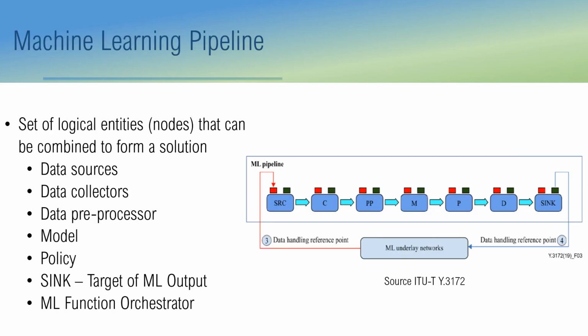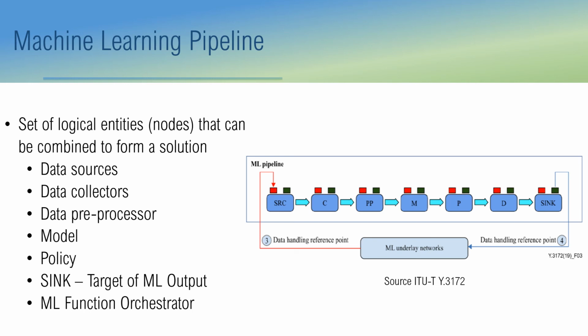So each of these nodes in the figure implements a component in the functional model. These nodes are combined to form a solution. Each functionality in the machine learning pipeline is defined as a node. For example, source node, collector node, preprocessor, model, policy, sink.